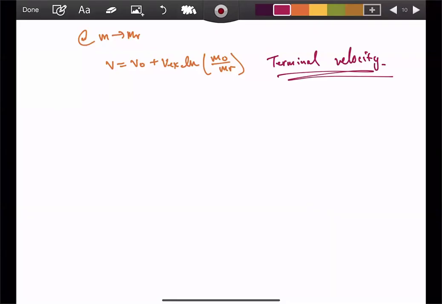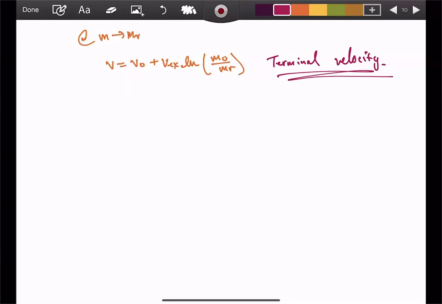So my terminal velocity again is when all of the fuel is expelled, so that we have simply a ratio of the initial mass to the final mass, which is simply a constant term. So this is going to reach some sort of constant velocity.